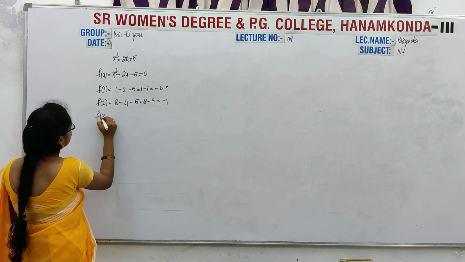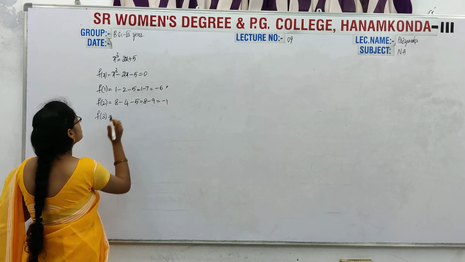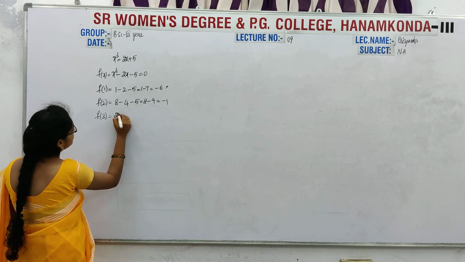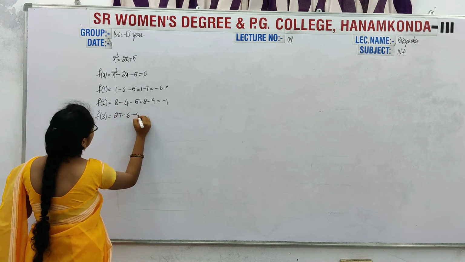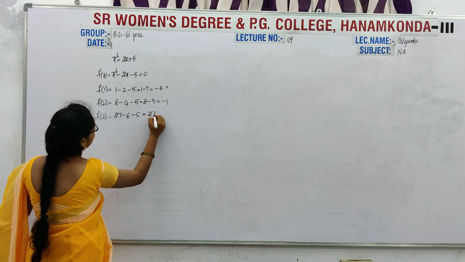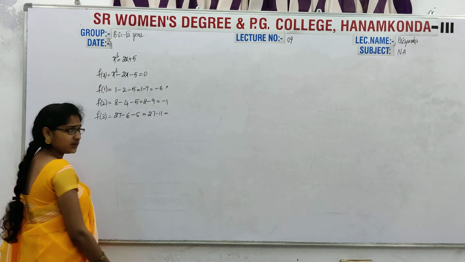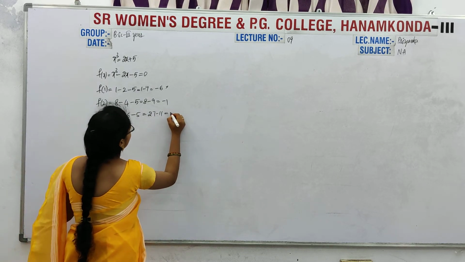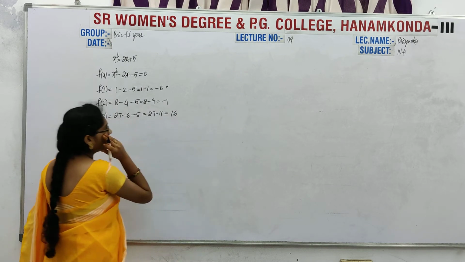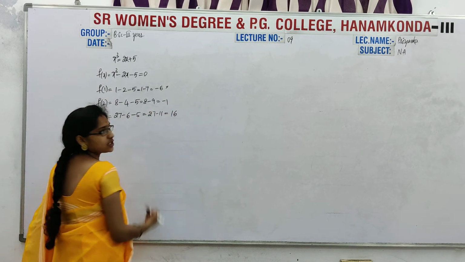Next, f of 3. 3 cube means 3 3s are 9, 27 minus 6 minus 5, 27 minus 11. Then what do we get? 16. Right? So it is negative and it is positive.